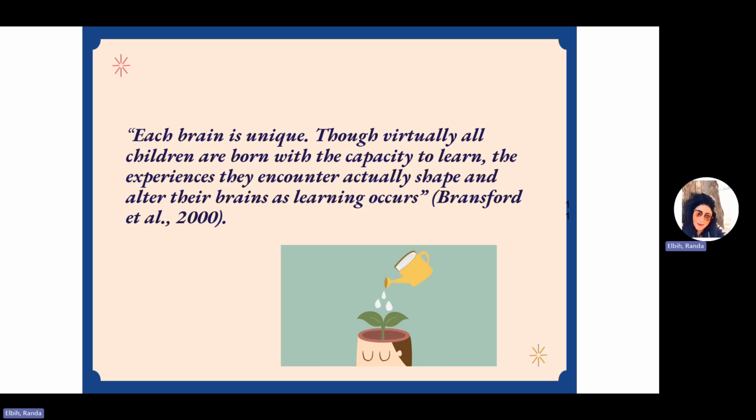Each brain is unique. Although virtually all children are born with the capacity to learn, the experiences they encounter actually shape and alter their brains as learning occurs. And this is by Bransford 2000.